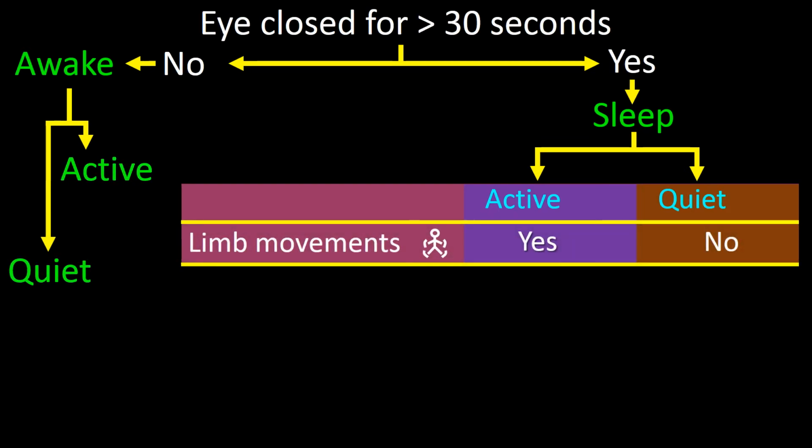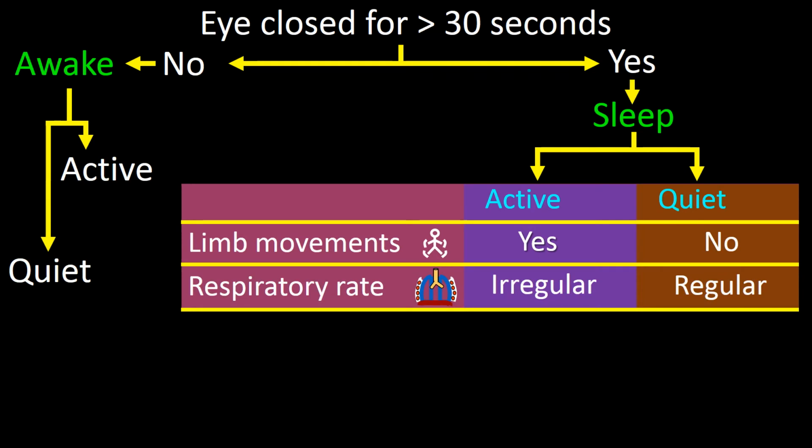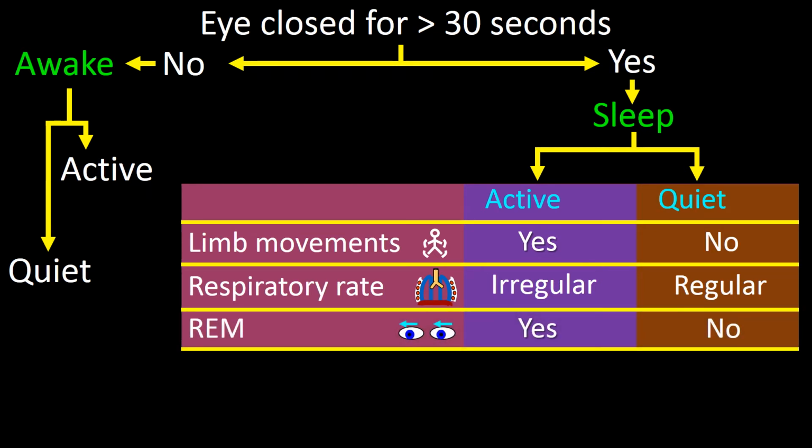Limb movements in the form of sudden jerks will be present in active sleep but not in quiet sleep. Respiration rate will be irregular in active sleep and regular in quiet sleep. Rapid eye movements will be present in active sleep and not in quiet sleep.